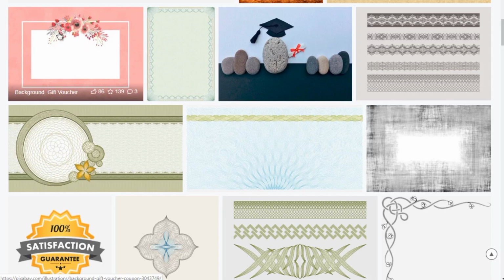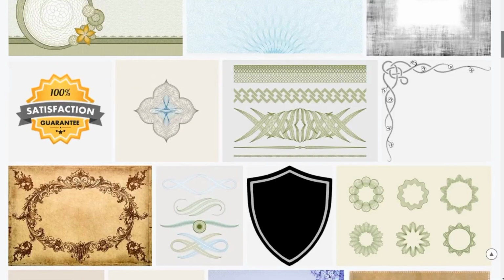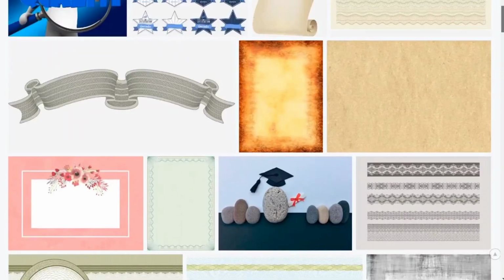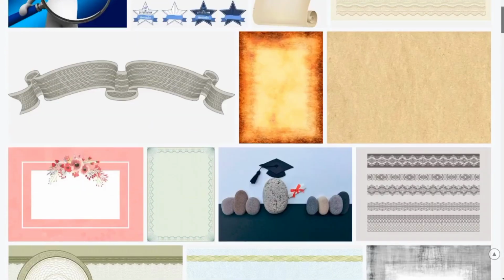So it's okay to have some words, but you do want to have some bare spots. If you had a certificate with a lot of words like this, that would not work. So all you need to do is simply download one of these.